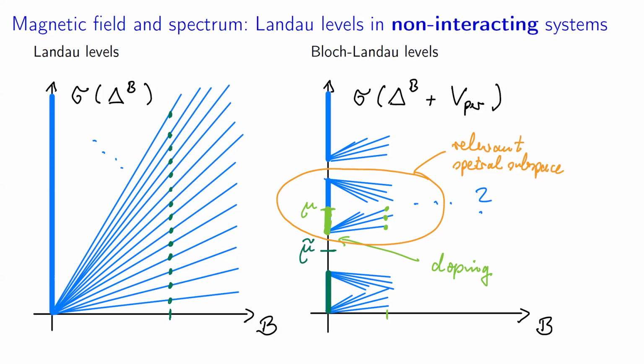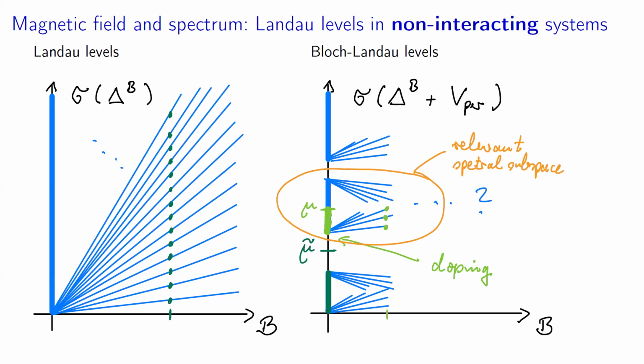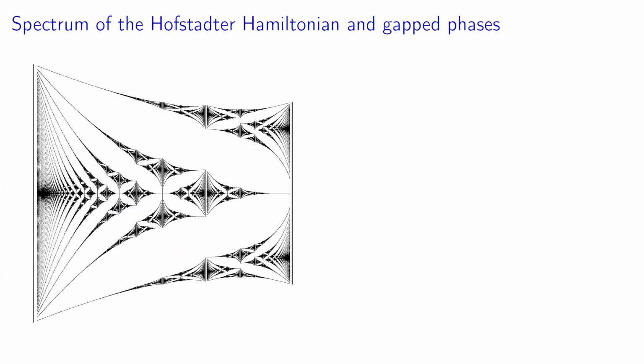And to see what this sketch here really looks like, if you make a model Hamiltonian for one Bloch band plus a magnetic field, this is the so-called Hofstadter Hamiltonian. This is just the discrete magnetic Laplacian. Then you see here at zero field, the spectrum is just an interval.